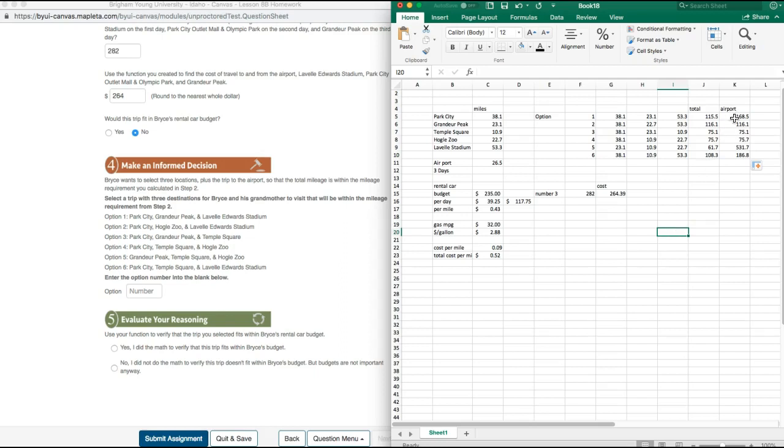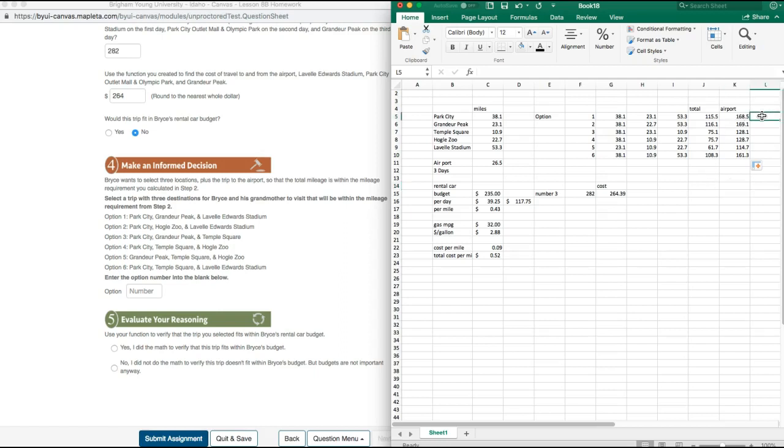Oh, whoops. I did not specify to always absolute cell reference the airport. If you wanted to just type that in, that's fine too. Okay, so now I need to go back and find my cost and see if I can get something under 235.